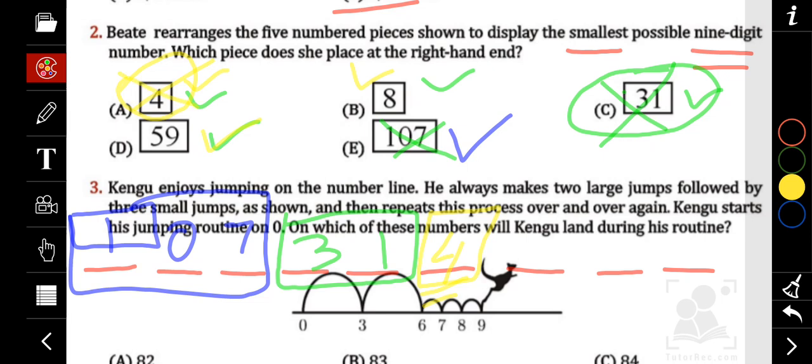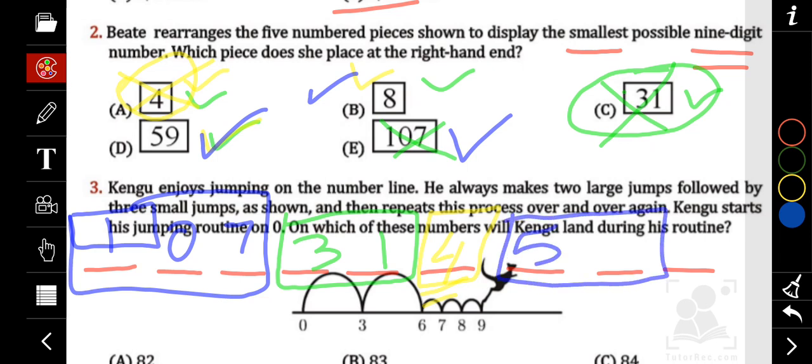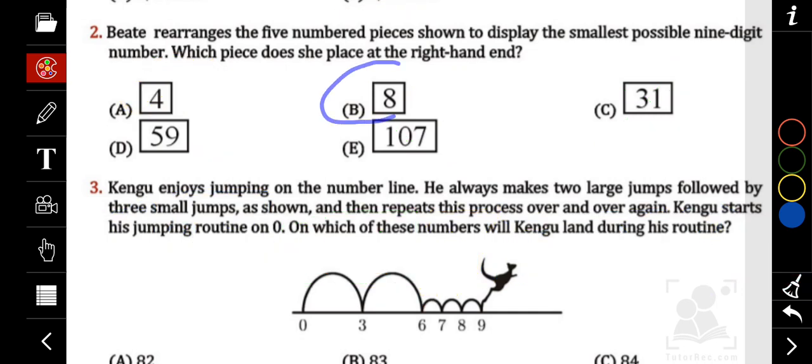Then we need to see for 8 and 59. Obviously 59 would be accommodated over here in the same pattern, and at the end we are left with 8. So this is going to be at the end. So our answer is going to be option B.